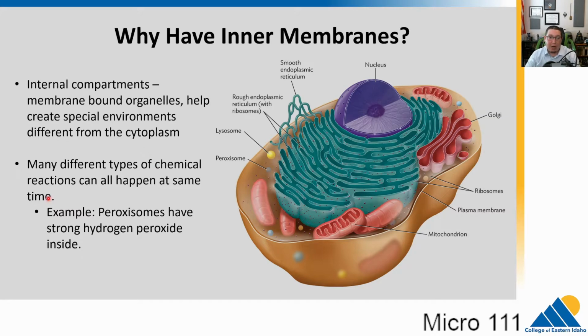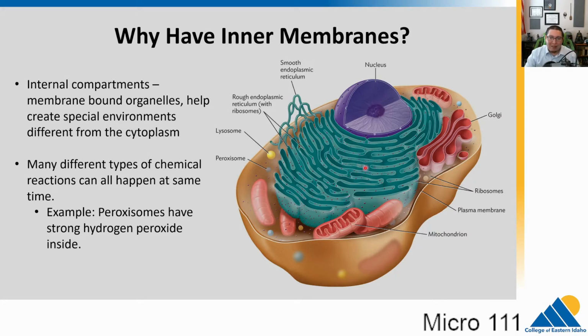So something like, I don't know, a peroxisome, which is a different type of vesicle, it has a strong hydrogen peroxide inside of it. You don't want that getting anywhere near the rest of the cell, right? That'll degrade the cell, but it can be contained within here, and that peroxisome can fuse with invading bacteria and things like that to destroy them.